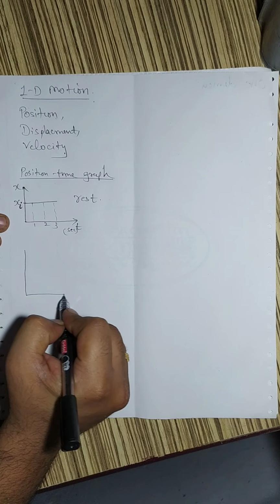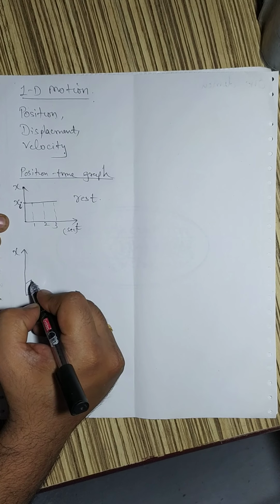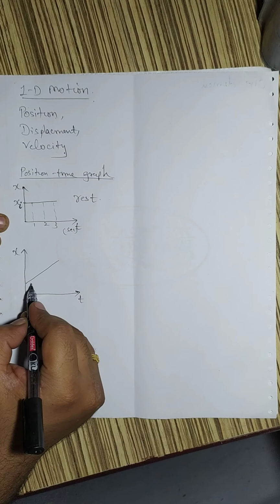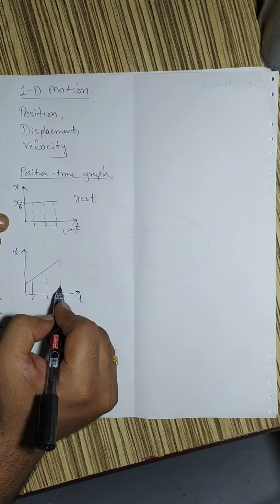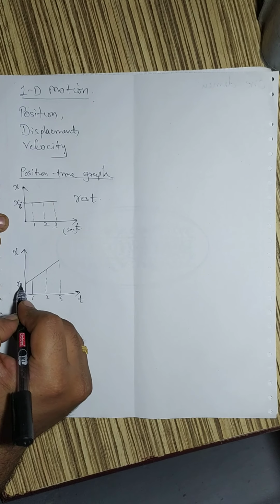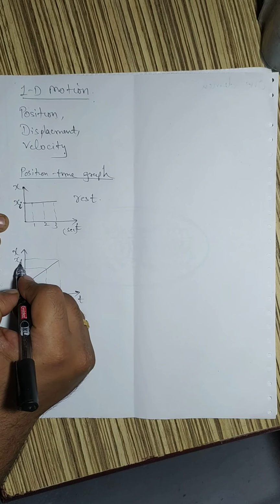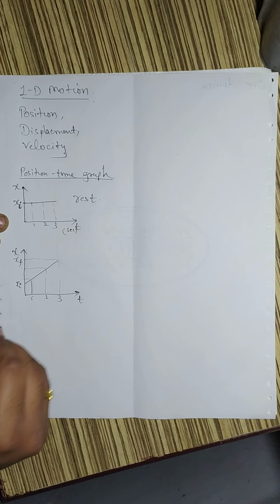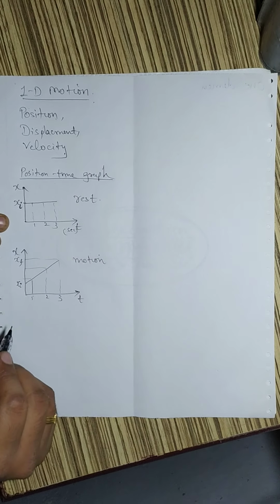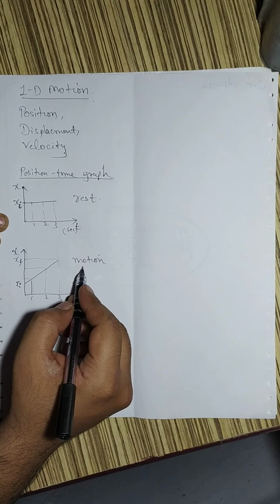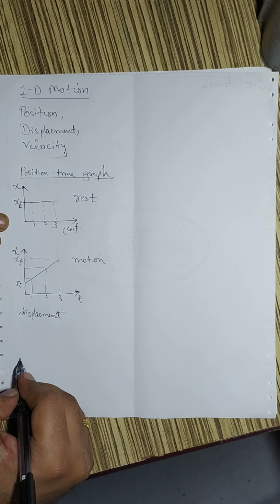Let us say another position time graph we have been given is like this. It states that as the time is increasing, the body's position is changing from I to some final position F. So here the positions are changing, that means the body is in motion, and from this graph of motion we can calculate displacement and we can also calculate velocity.